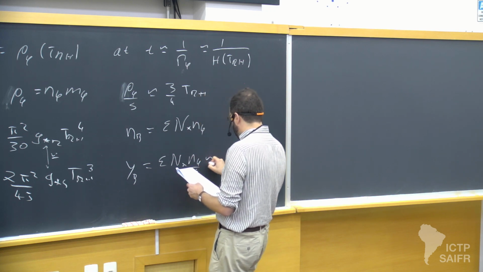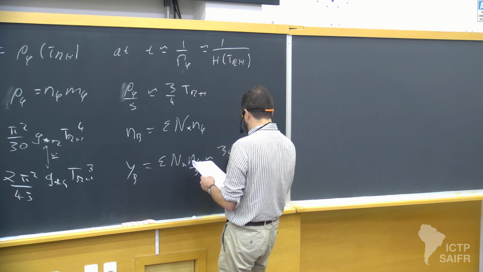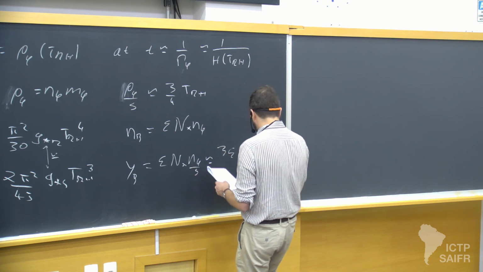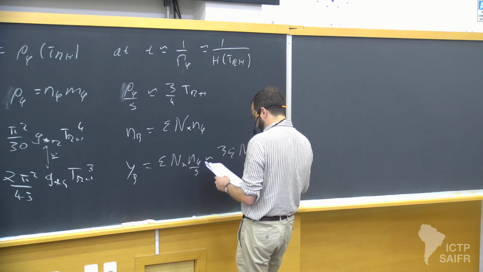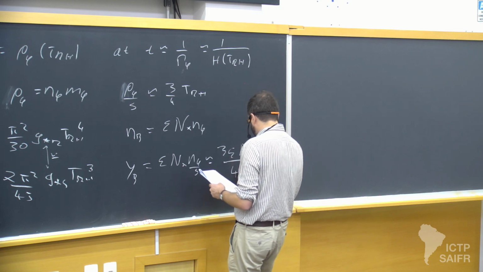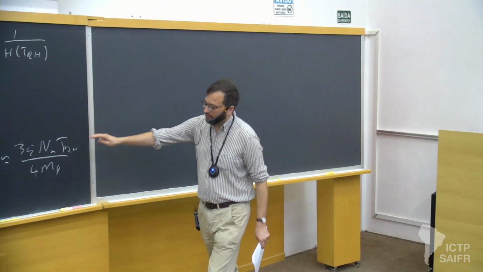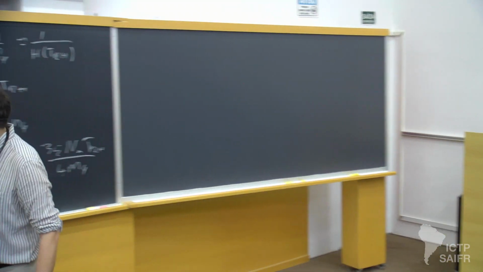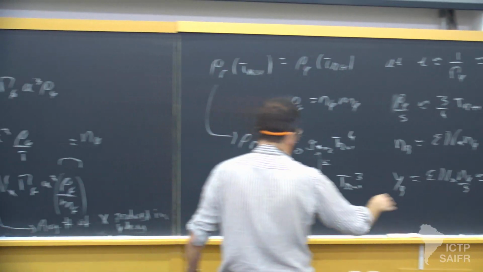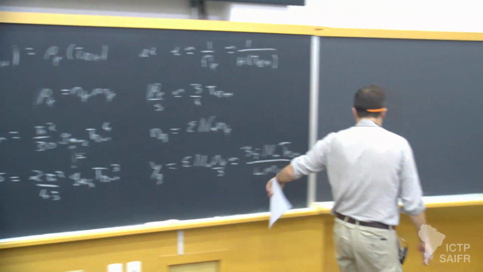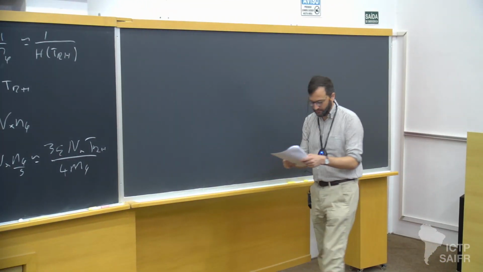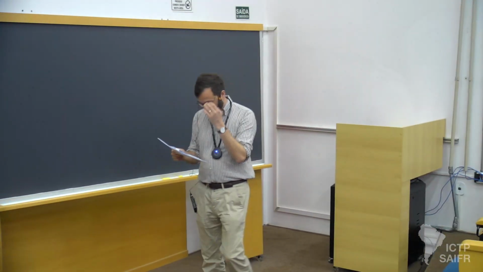Which gives you, when you put everything together, 3 epsilon n_x T reheat on 4 m phi, okay? And in the paper, they say they also have solved these equations numerically, and up to some order 1 factor, this gives you a good approximation.